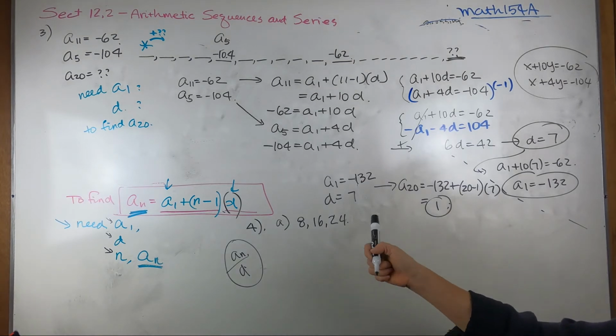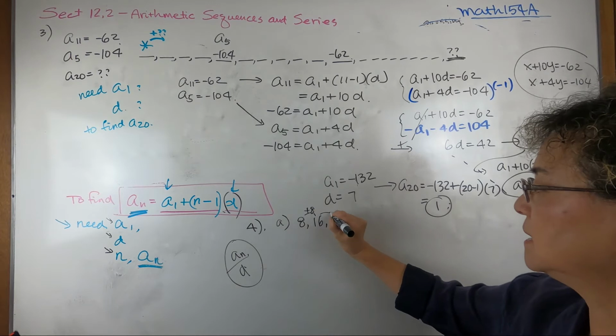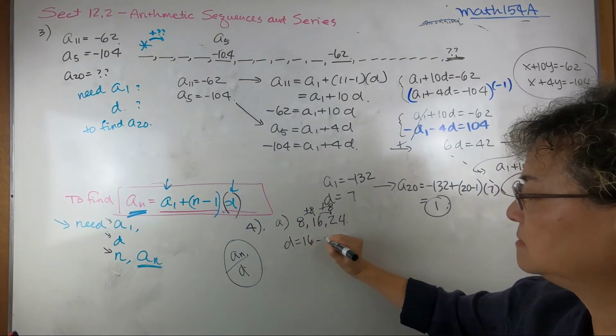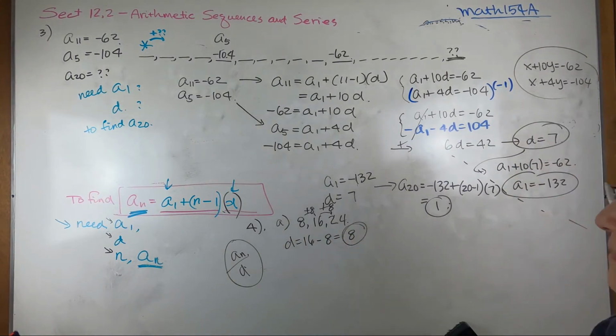Is this an arithmetic sequence? By adding what? 8, right? So your D would be what? Second term minus first term, so that will be your D.